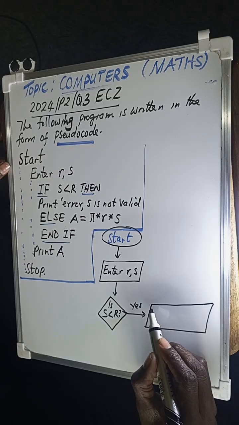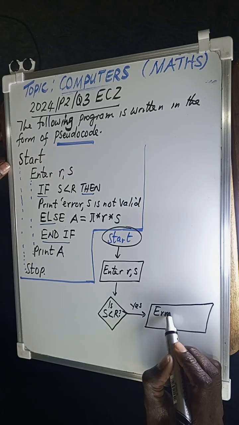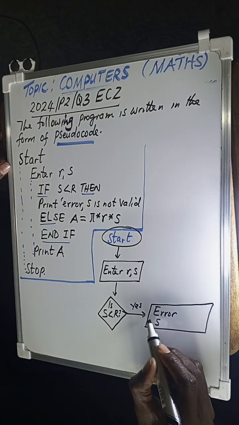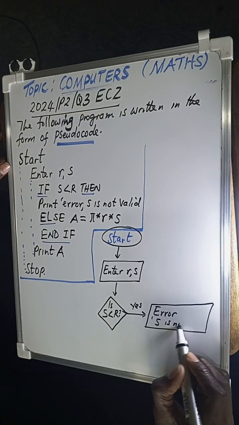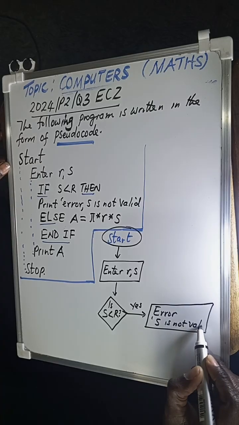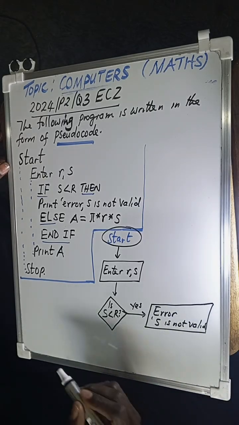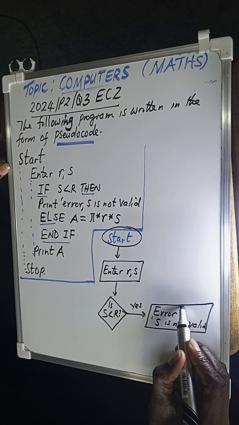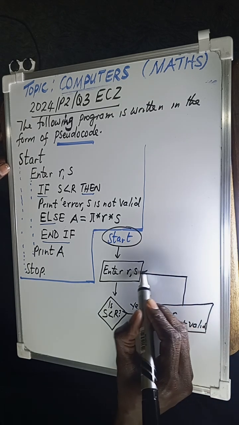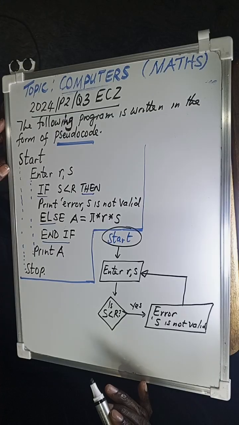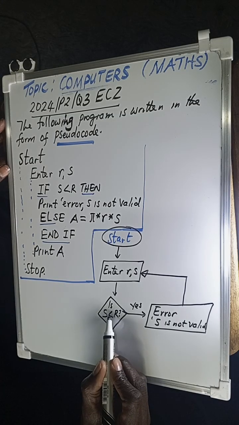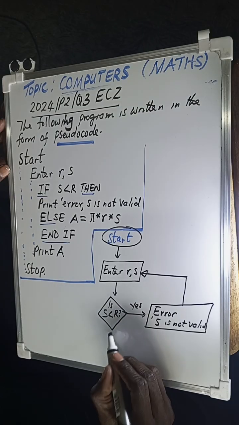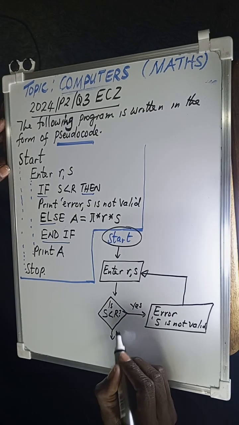It says S, in this case, is not valid. Of course, if S is not valid, it simply means we need to try something else. So this can actually be returned so that you try a different value, because S indeed should not be less than that. But of course, if S is not less than that, then we'll proceed in that direction.